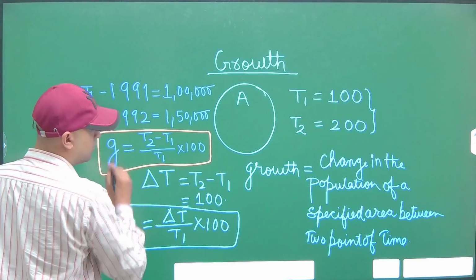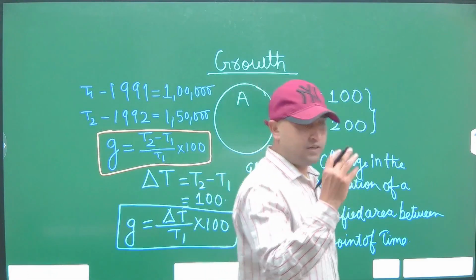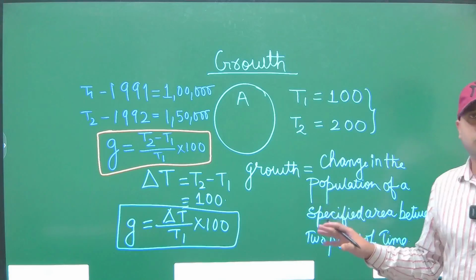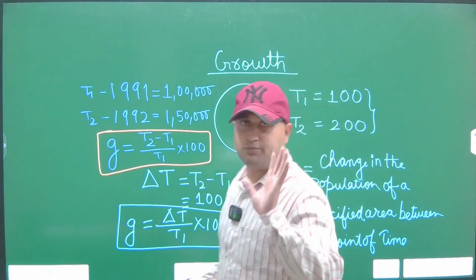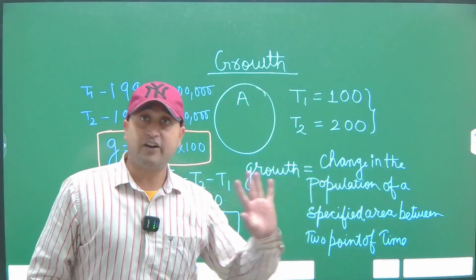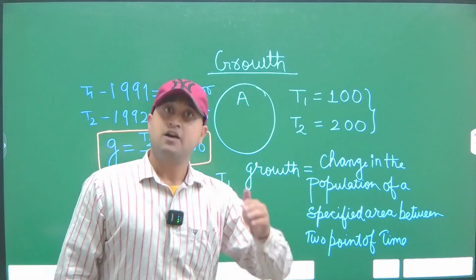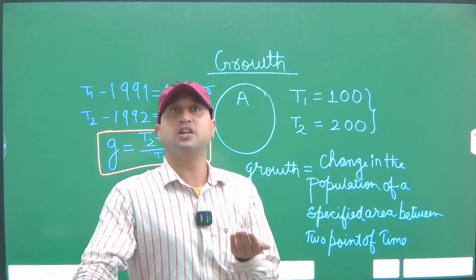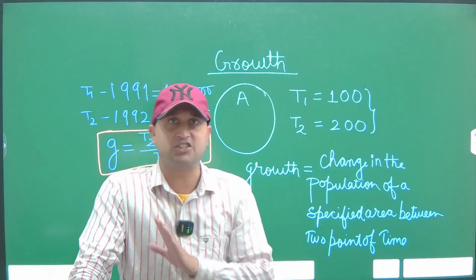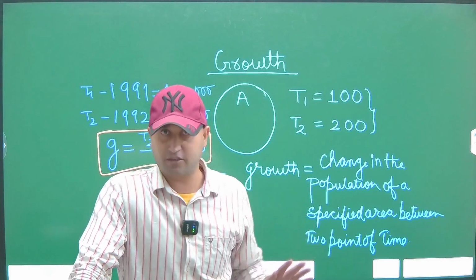This is the population growth. So you have understood the population growth. Population growth is the change in population over a specified area between 2 points of time. Growth of population is always expressed in percentage terms. There should be no confusion.